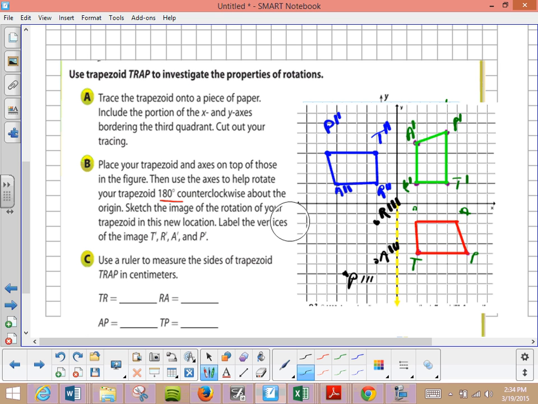And then this right here, which is T. There we go. Now we can connect them. And now we have a little pinwheel, yeah.